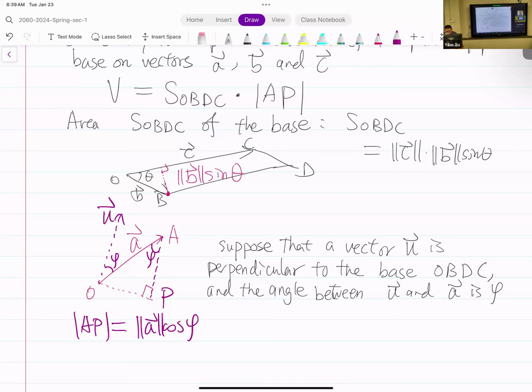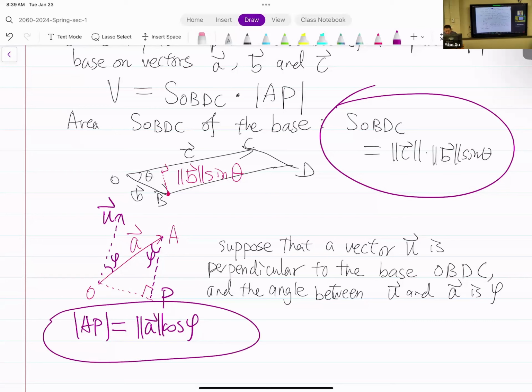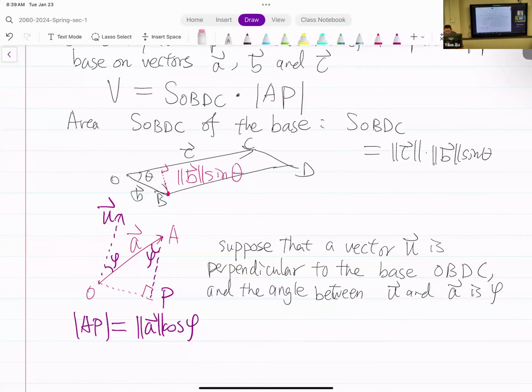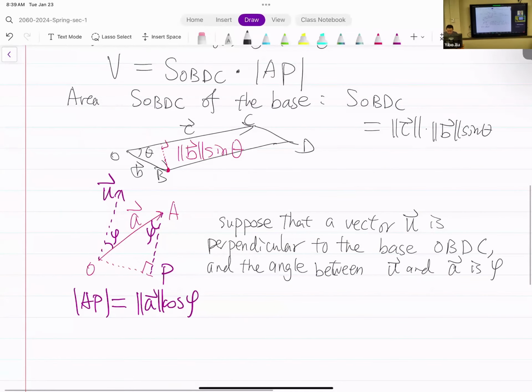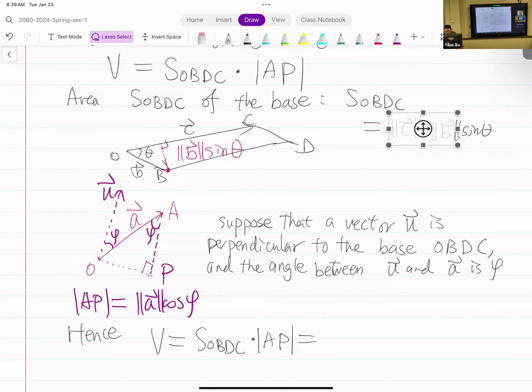Okay, so now we can put the things together. We know the area of the base is this quantity, right? We know the height AP is this quantity, so we can just multiply everything together. Hence, the volume is S_OBDC times the length of AP, and then we just write things in that column.